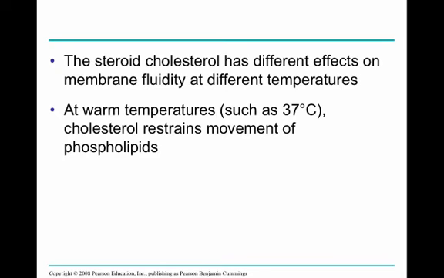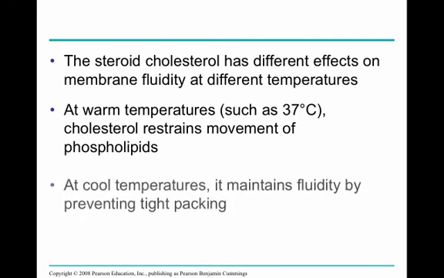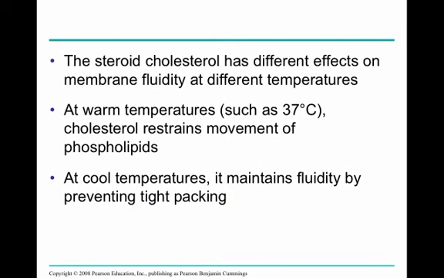They will move around more. So what cholesterol does at those warmer temperatures is act like scaffolding, like an anchor, and it restrains the movement of the phospholipids, keeping them in place, or at least better in place than they would be without cholesterol. So cholesterol can help resist movement of the phospholipids as the temperature gets warmer.